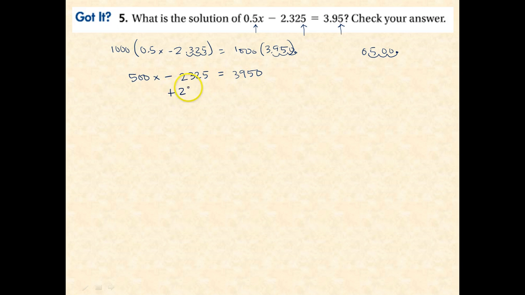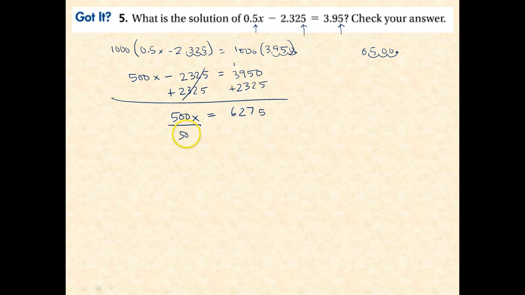I'm going to add 2325 to both sides of the equal sign. 500x equals 5, 7, 2, carry the 1, 6. Then I need to divide both sides by 500.